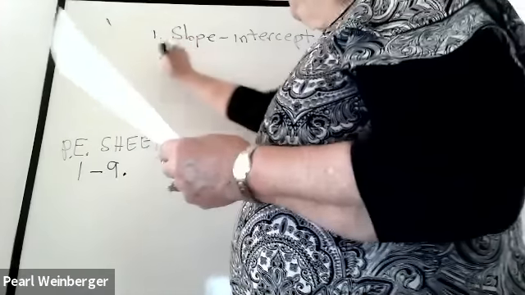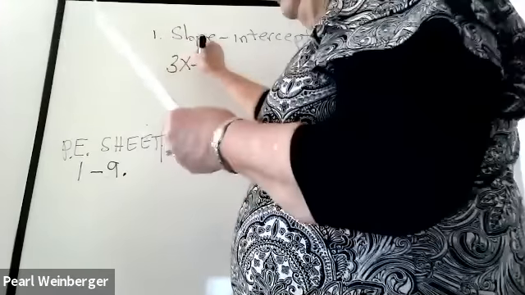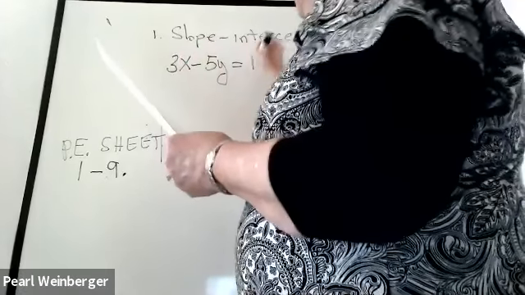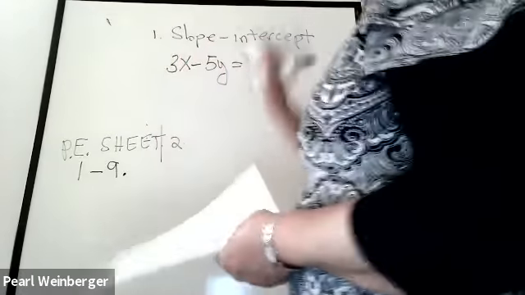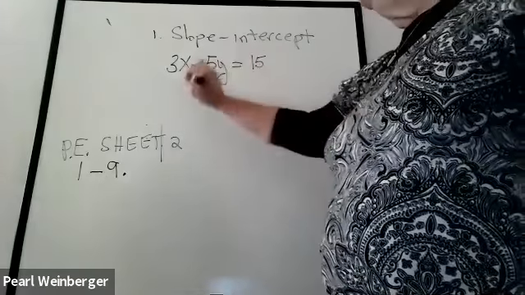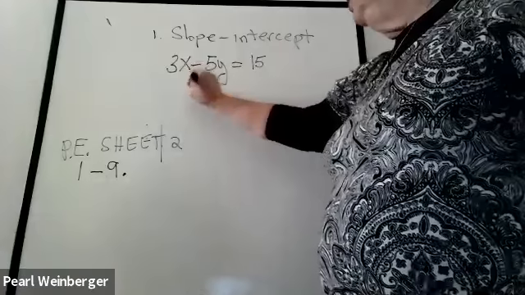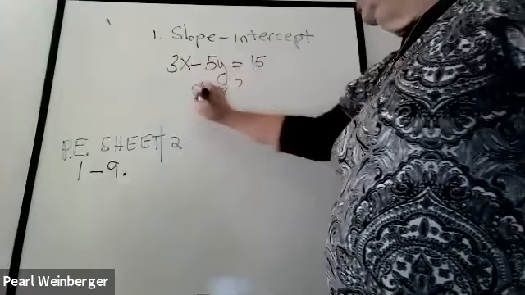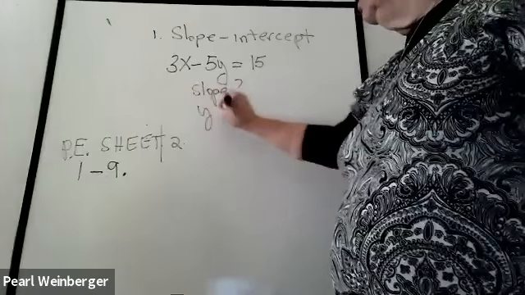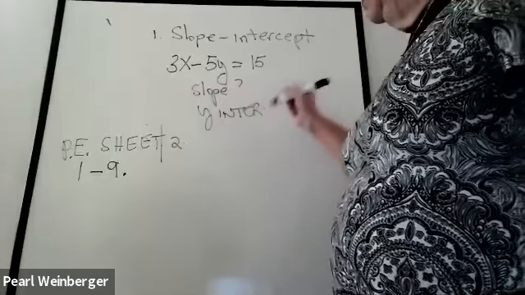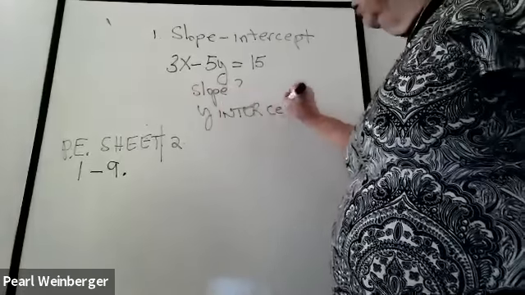They're giving us 3x minus 5y equals 15. I want you to write it in the slope-intercept format, and then I'd like you to tell me what is the slope and what is the y-intercept. This is question number 1 on practice sheet 2.